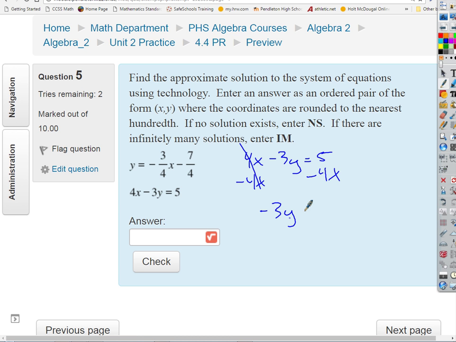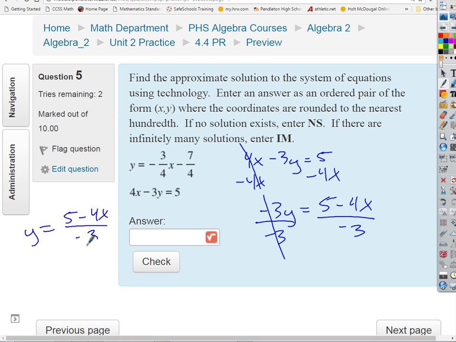So that gives me negative 3y equals 5 minus 4x, and then I just divide each side through by negative 3. And so I get the equation y equals 5 minus 4x over negative 3.